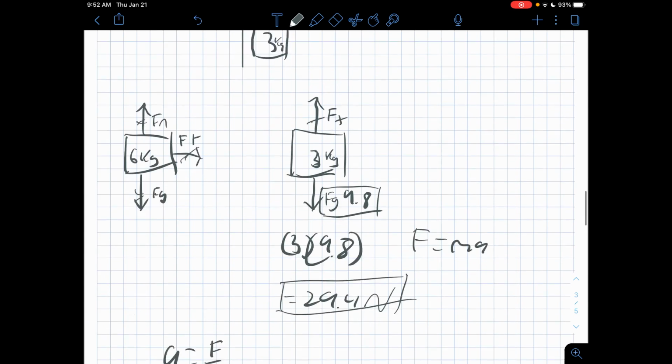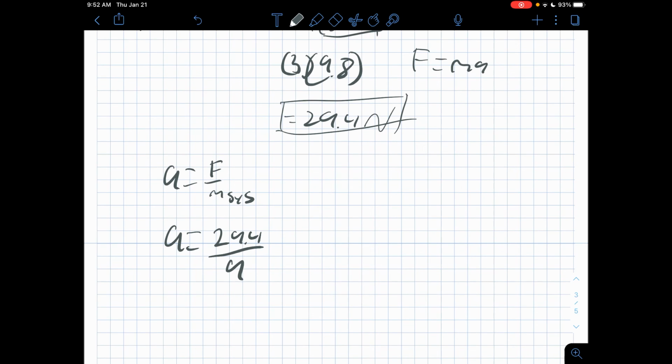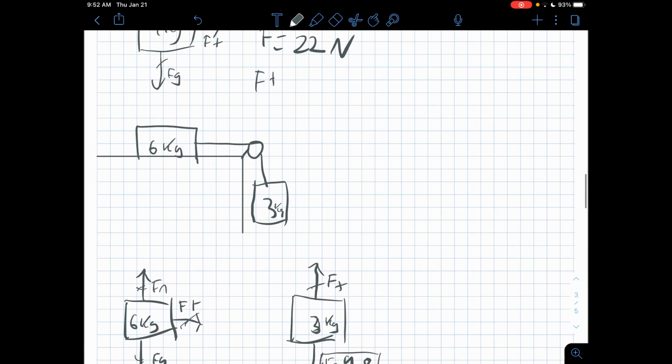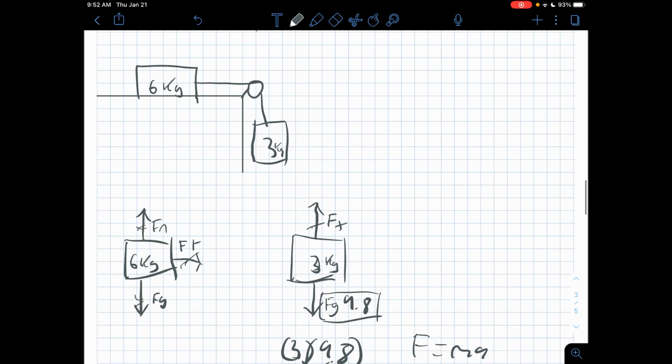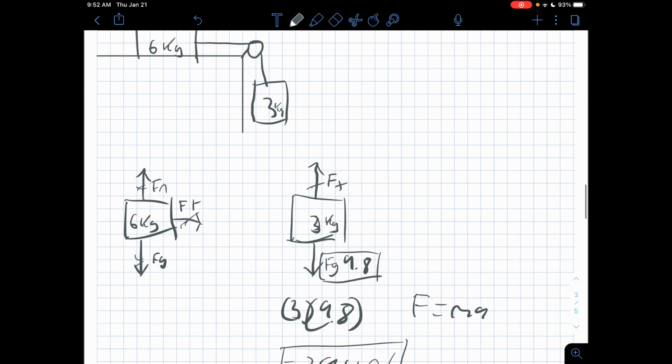We have 6 and 3, so you get 9, you just add them together. Then 29.4 divided by 9, you get 3.3. A equals 3.3 meters per second squared.